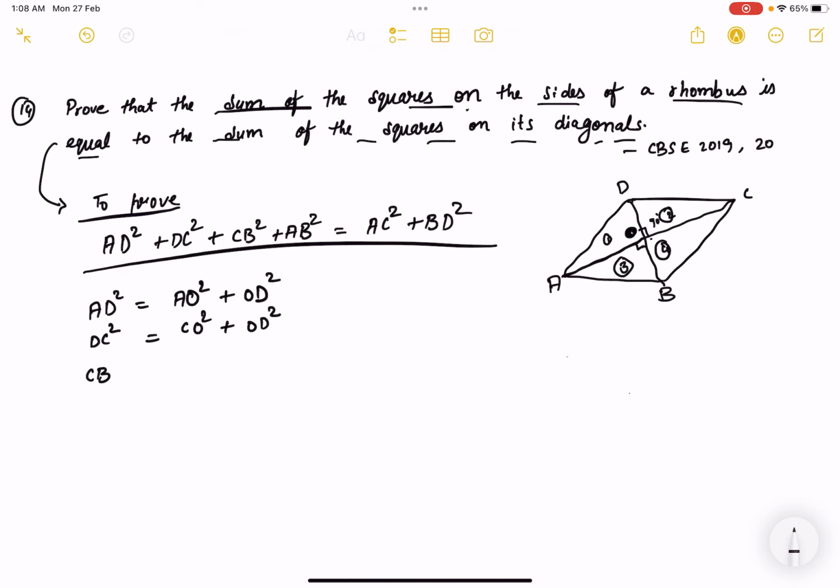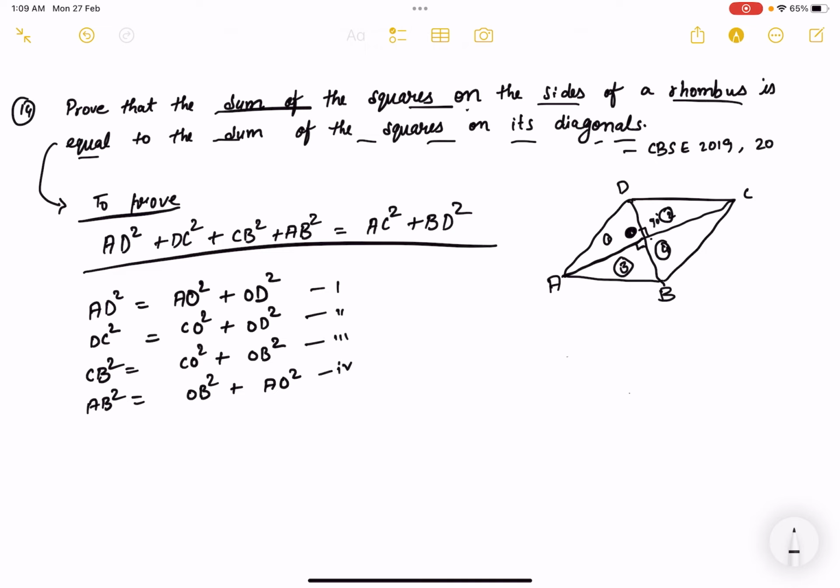Similarly, we have CB square is equal to CO square plus OB square, and at last we have AB square is equal to OB square plus AO square. So this is 1, this is 2, this is 3, and this is 4.